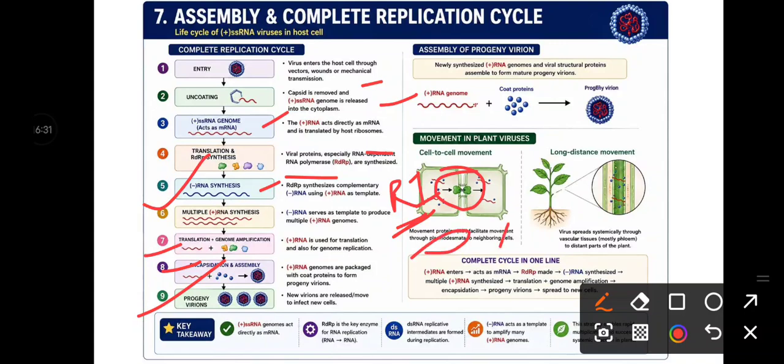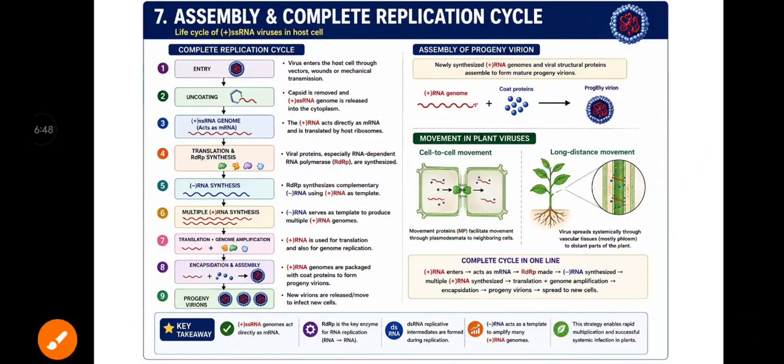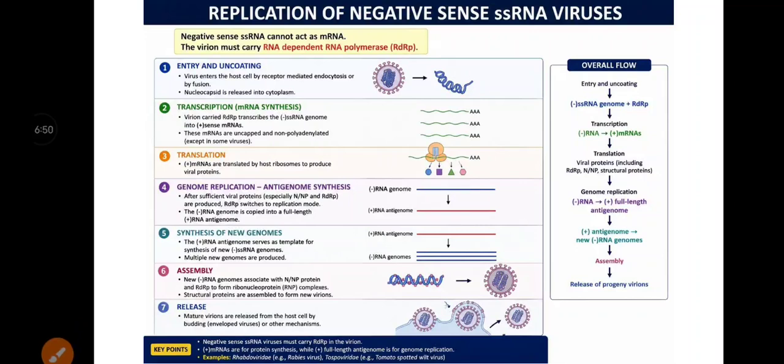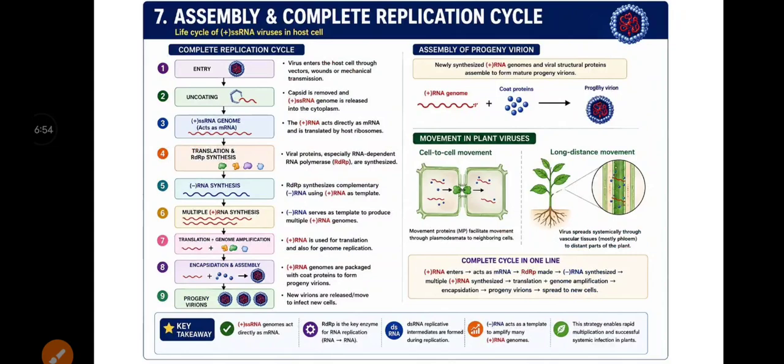This is for the short distance transfer. For long distance transfer, virus uses the phloem tissue. Okay, so this is about replication of positive sense single stranded RNA virus. Then about the negative strand RNA genome we will discuss in the next video.